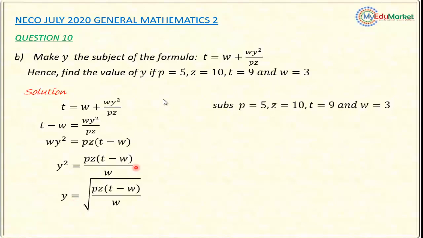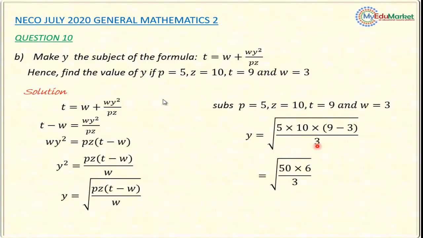Substituting p by 5, z by 10, t by 9, and w by 3 in the formula for y, I'm going to have y equals root of 5, that is my p, multiplied by 10, that is my z, times the bracket. Inside the bracket is 9 minus 3, that is t minus w, all over w, which is 3. So I'm going to simplify this.